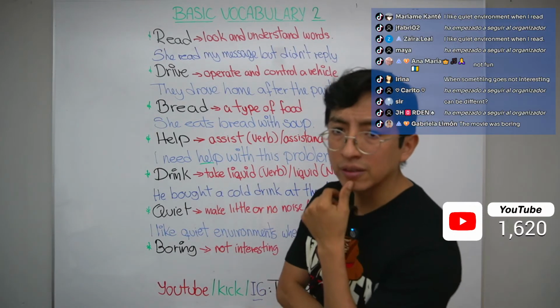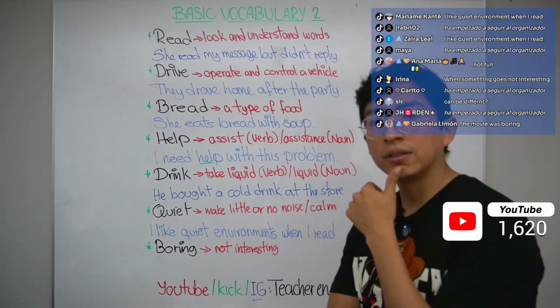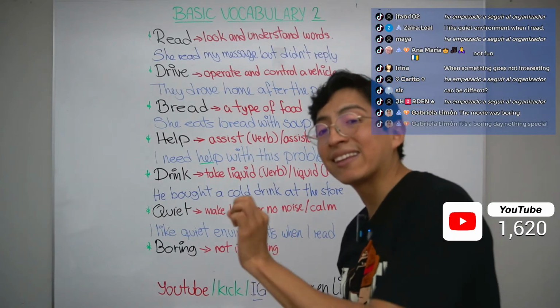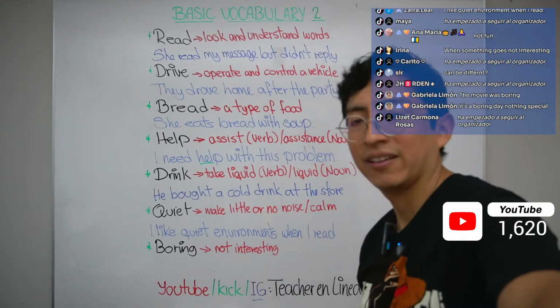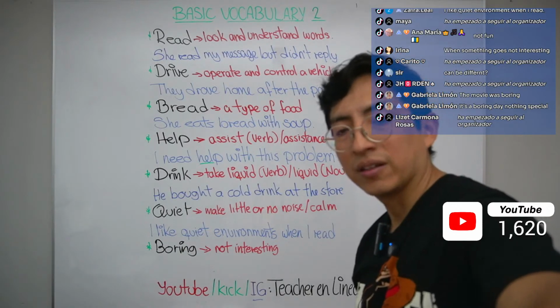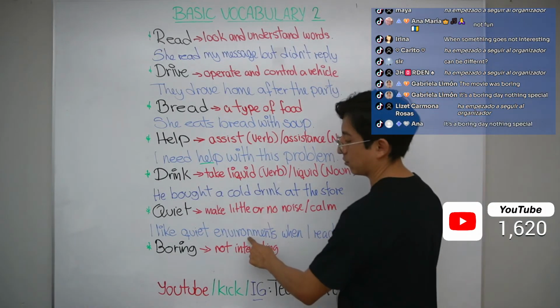Can be different. When something goes... when something gets not interesting. Yes, Irina, that would be a good definition too. Okay, environments. And be careful with this because we need an extra N here.